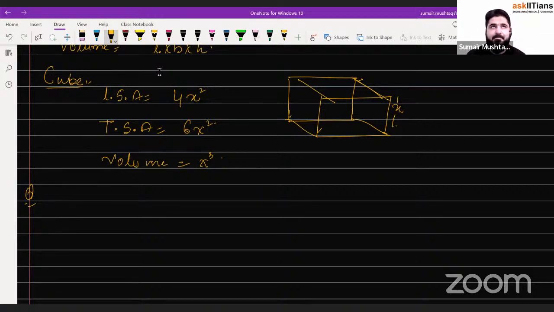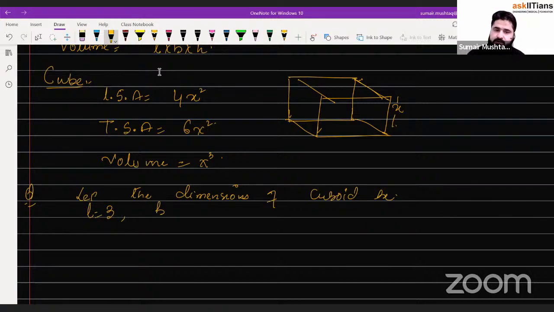Suppose let's take the cuboid. Let the dimensions of the cuboid be: length you can take 7, breadth you can take 4, and height you can take 3.